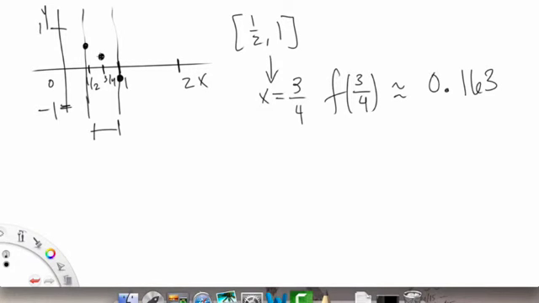So what we want to pick is the interval, the like survivor, the interval that we're going to keep is the one that includes our f of 3 over 4. So 3 over 4, which it turned out to be positive, and the negative value. So that would be our f of 1, okay? So this one here, this positive one and the other positive one, the f of 1/2 is above the x-axis, and f of 3/4 is above the x-axis, but f of 1, I'll just write over the 0 here, f of 1 is below, okay?